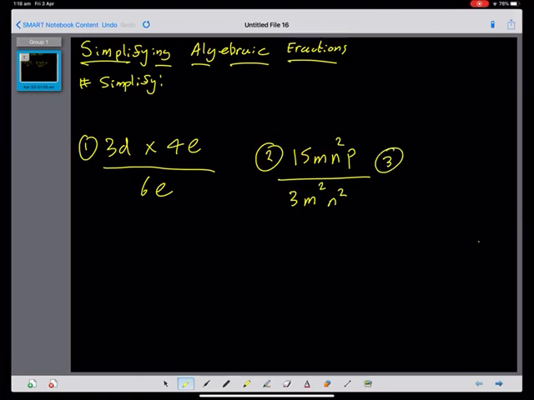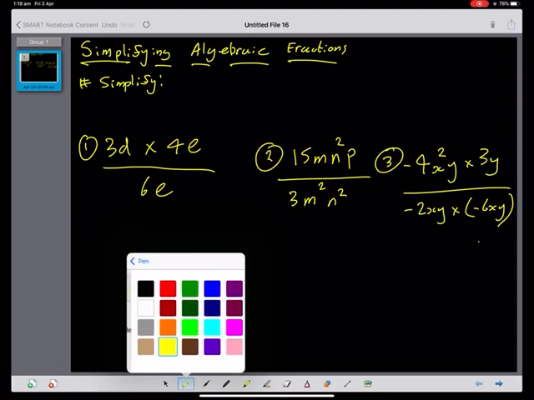Let's do 3. Let's do negative 4x squared y multiplied by 3y all over negative 2xy multiplied by negative 6xy. Okay, so pause the video and do as much of these questions as you can, and then I'll go over the solution.